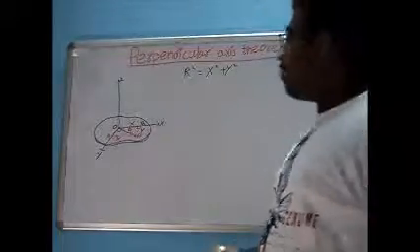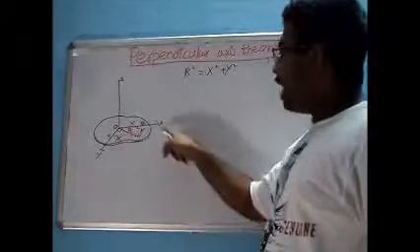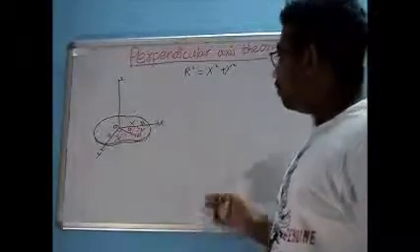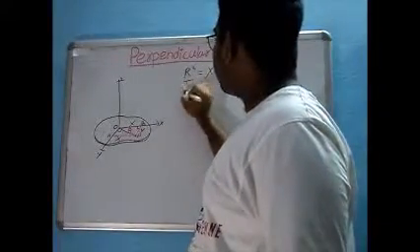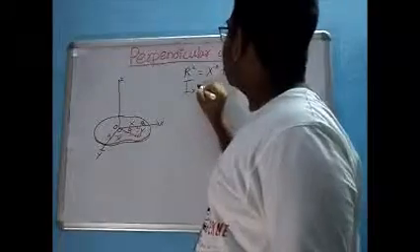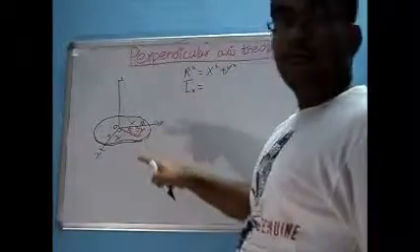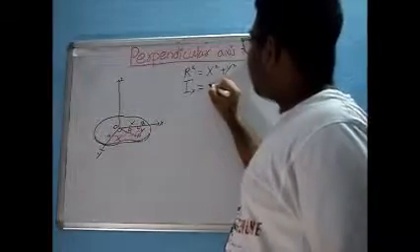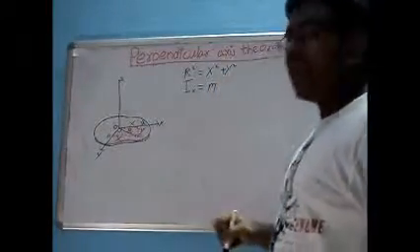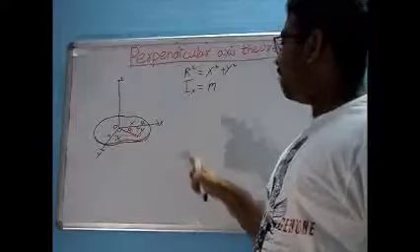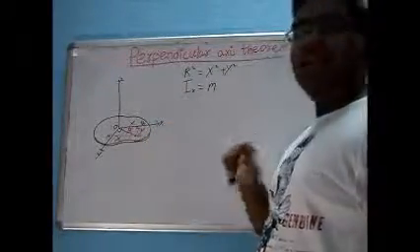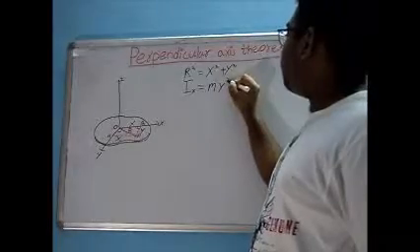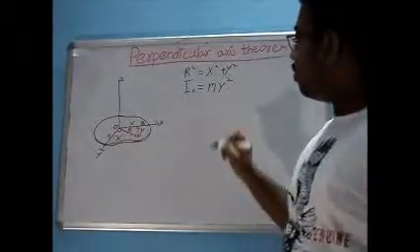Now the moment of inertia along the x axis of particle P would be equal to the mass of the particle P, let us assume it to be m, times the square of the distance between particle P and the x axis, which is equal to y square, so m y square.